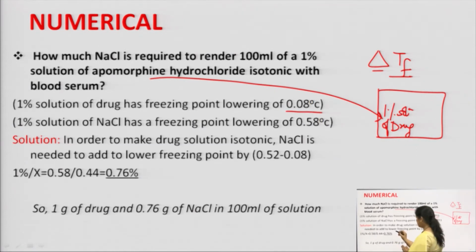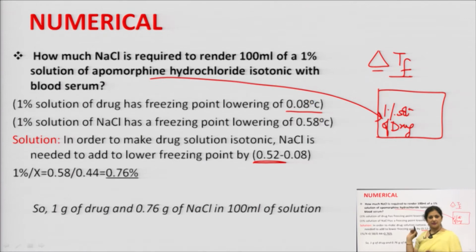NaCl is needed to lower the freezing point by 0.52, which is the freezing point depression for isotonicity with the blood, minus 0.08. So, what is this? 0.44.